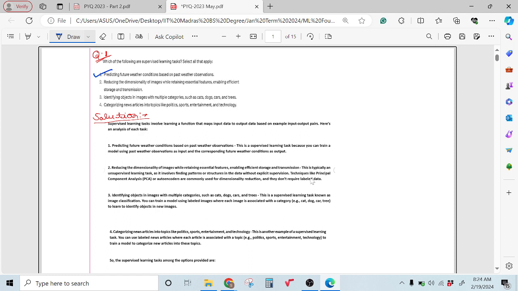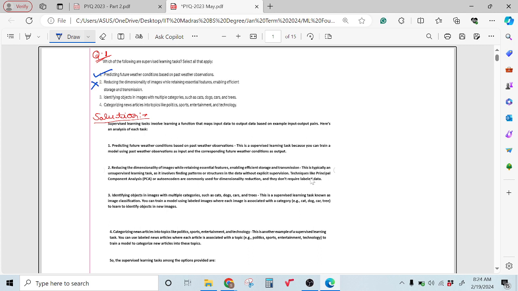Techniques like principal component analysis, called PCA, you will study this in your upcoming MLT course, or autoencoders are commonly used for dimensionality reduction, and they don't require label data. So this is typically unsupervised learning. So this is not a supervised learning.